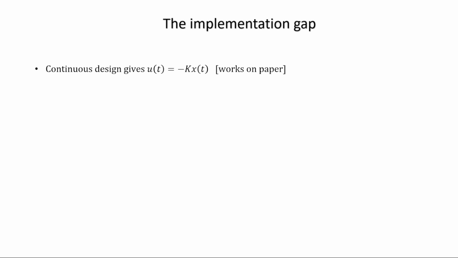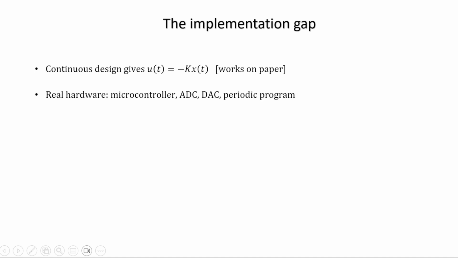In the laboratory or in industry you will always find microcontrollers, DSPs or FPGAs on which you would like to implement such a control law. Notice that in such a case the processor will not have access to x(t) at every time instance.